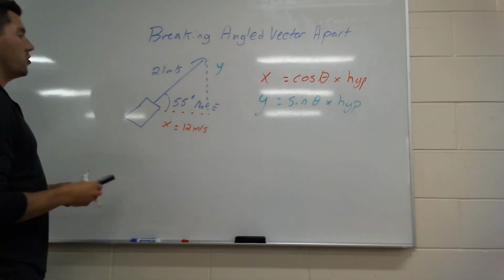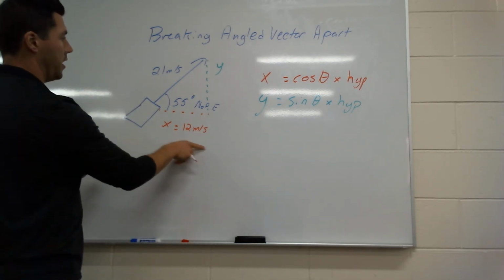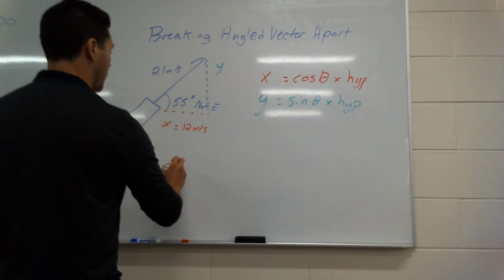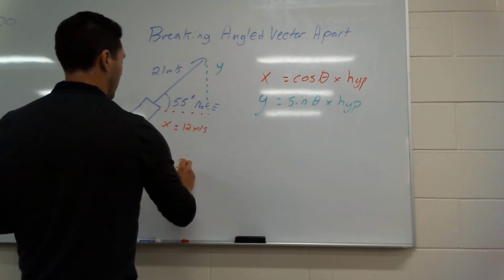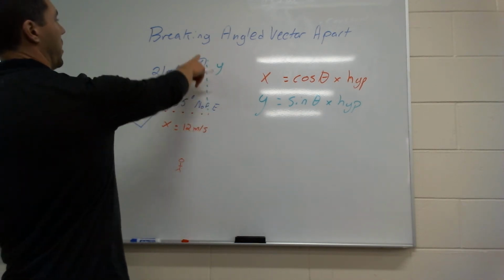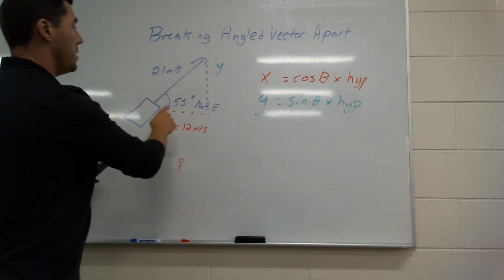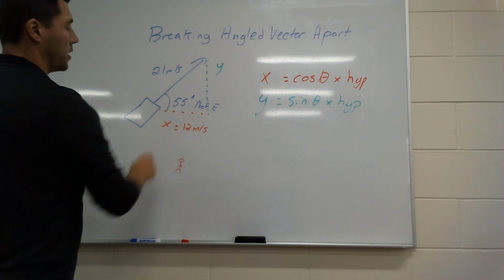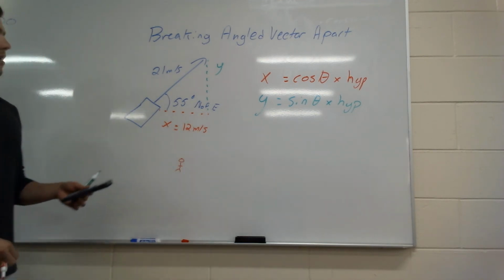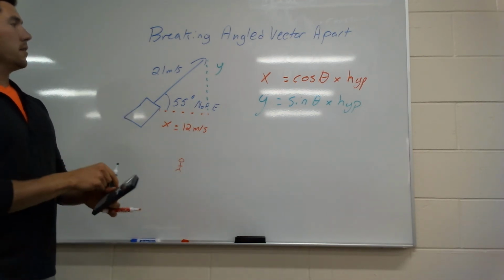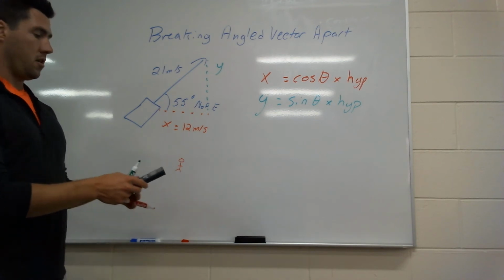If you were standing here, it's going to be hard to tell how fast it's going this way, since it's moving away from you. But you would be able to see it moving 12 meters per second, kind of going sideways. Now let's do the y. For the y, we're just going to go with our sine function.